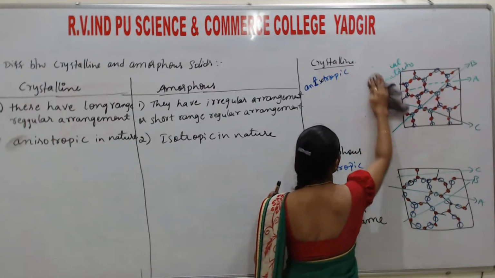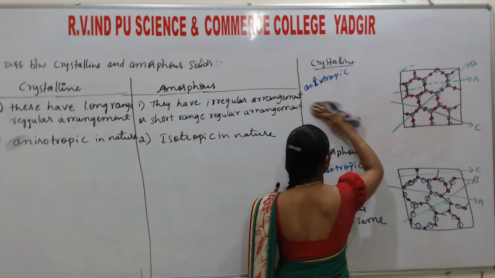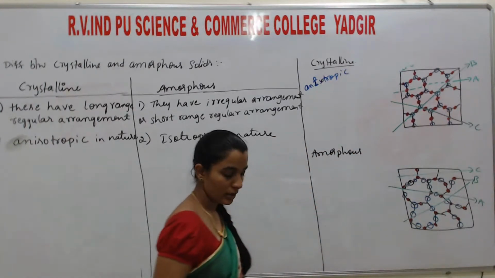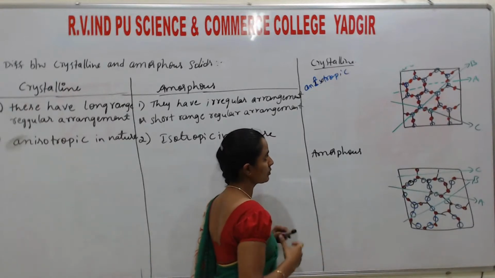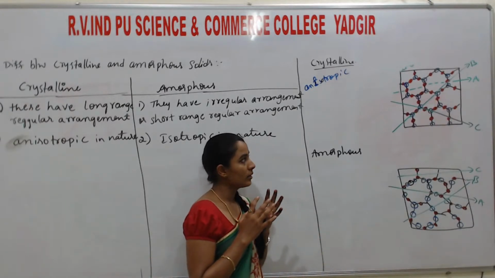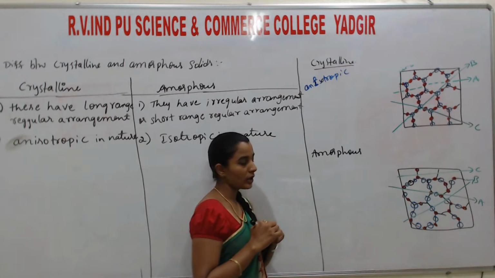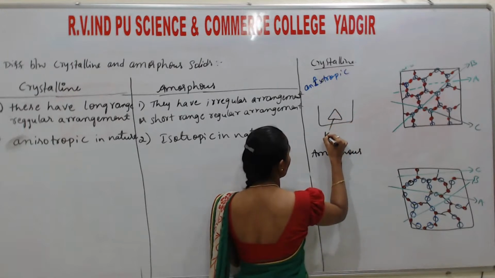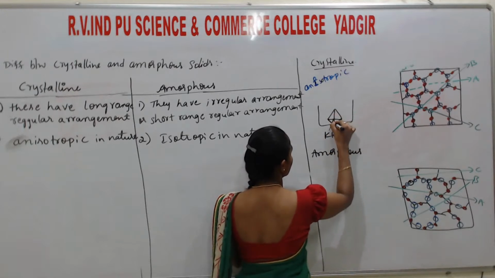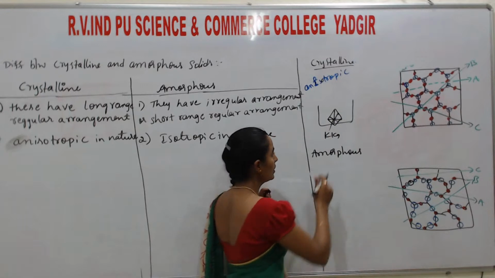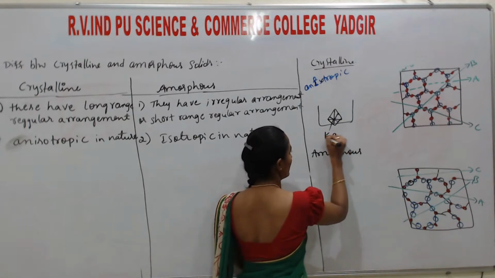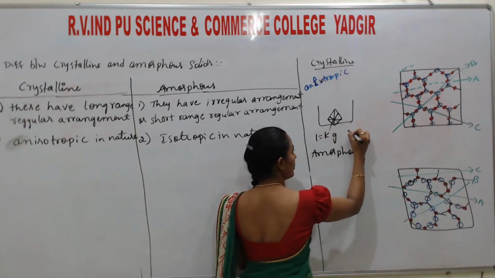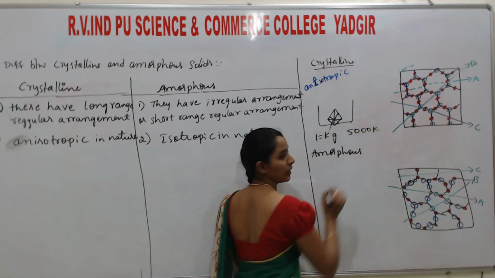So the next one is melting point. Students, the best example is the diamond. Consider 1 kg of diamond, whose melting point is 5000 Kelvin.